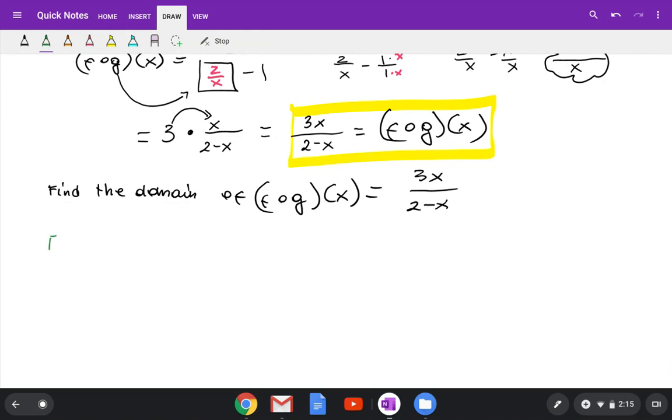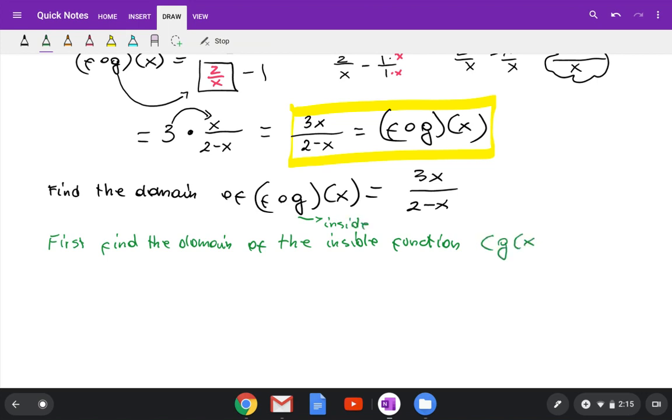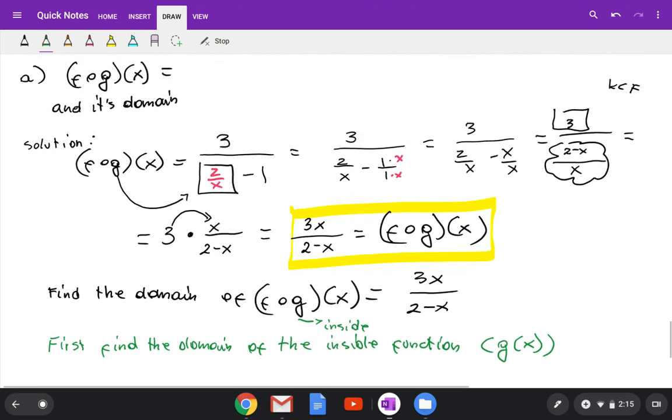First, find the domain of the inside function. So the inside function is g of x, right? So we have to find the domain of g of x.